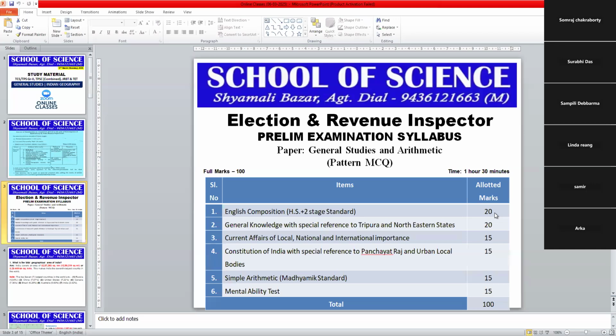Current Affairs of local, national, international importance 15 marks. Constitution of India with special reference to Panchayat Raj and urban local bodies 15 marks. Simple arithmetic, Madhyamik standard 15 marks, and mental ability test 15 marks. So total 100. Those who will be appearing for Election Inspector, Revenue Inspector, will have to attempt MCQ type of 100 marks. And if they qualify in the prelims, then they are allowed to take the main examination.